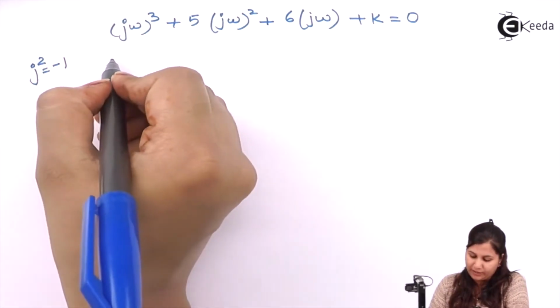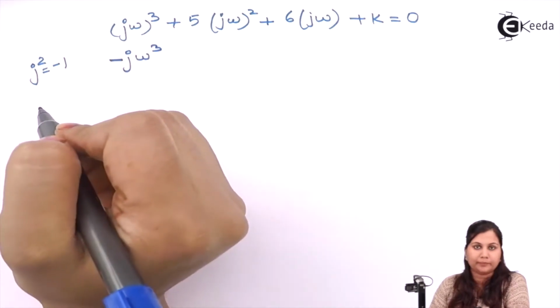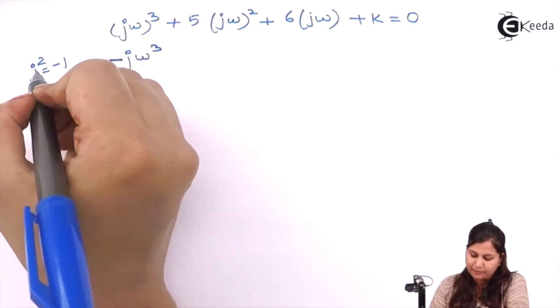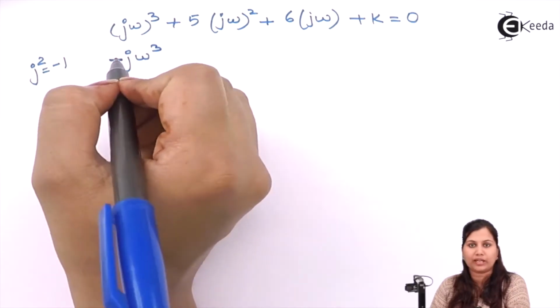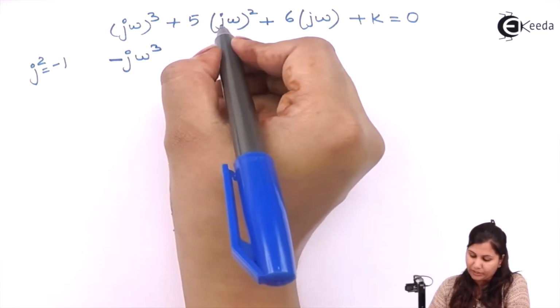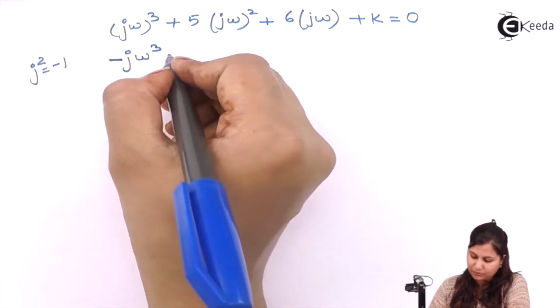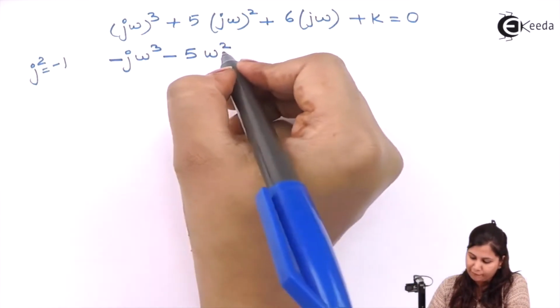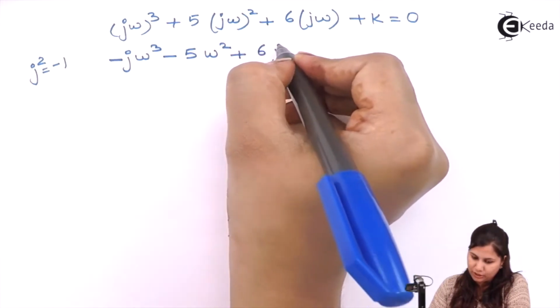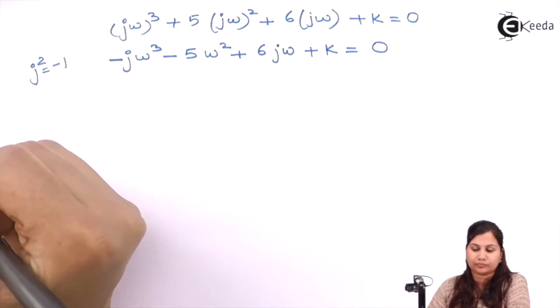So here we have minus j omega cube. j square has become minus 1 and one j is left, so we have put j here. Now here we have j square, so we will replace it by minus 1, so minus 5 omega square. Then we have plus 6 j omega plus K equals to 0.